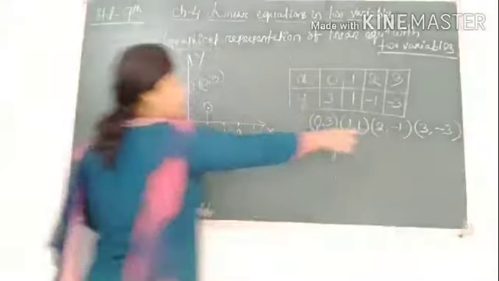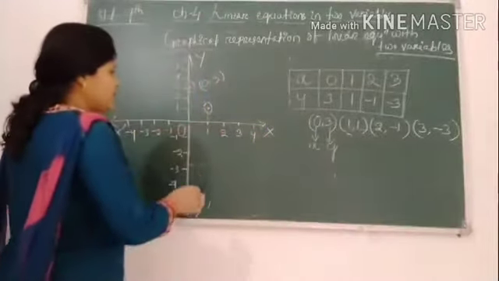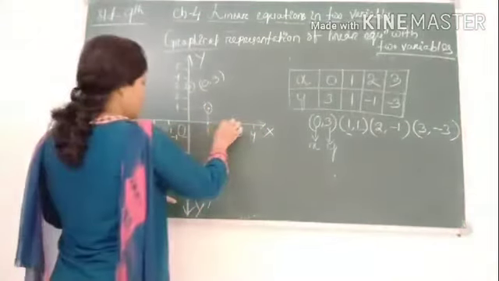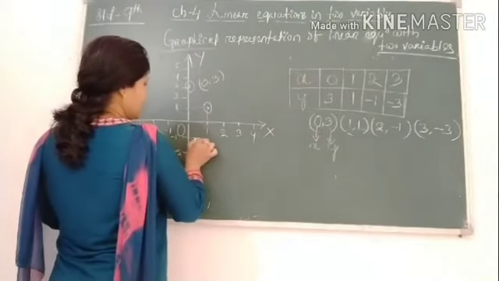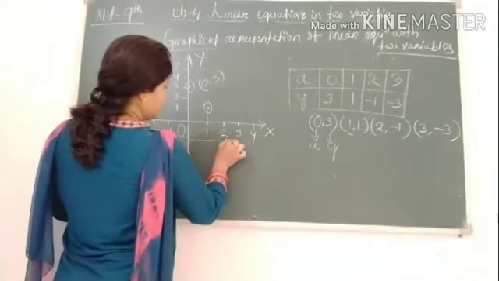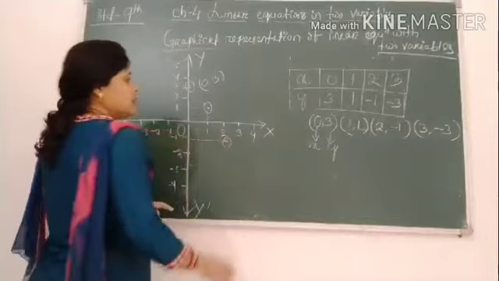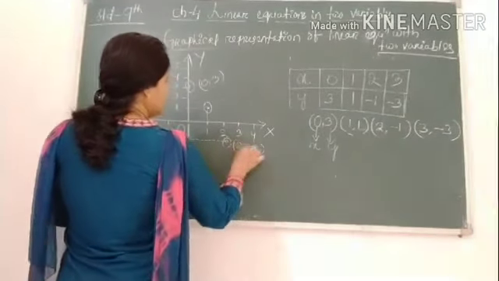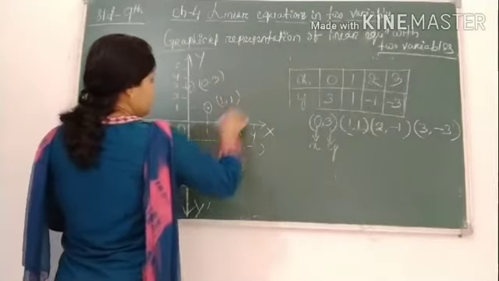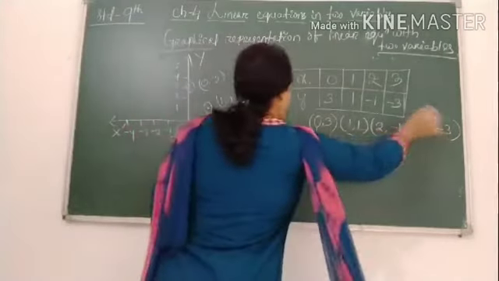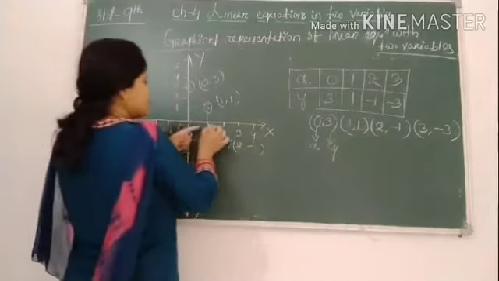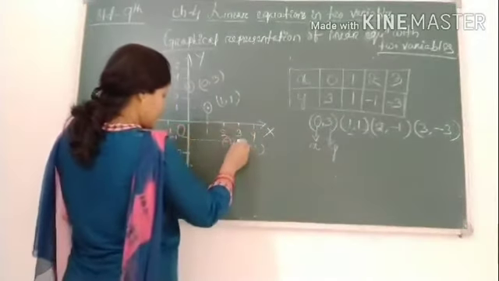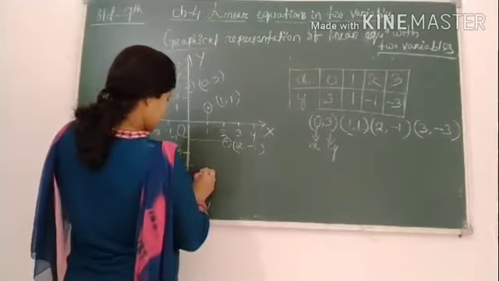Then come to the third, 2 and minus 1: plus 2, then minus 1. Here plus 2, minus 1. Then 3 and minus 3: 1, 2, 3, so 3 and minus 3. Minus 3 is here.